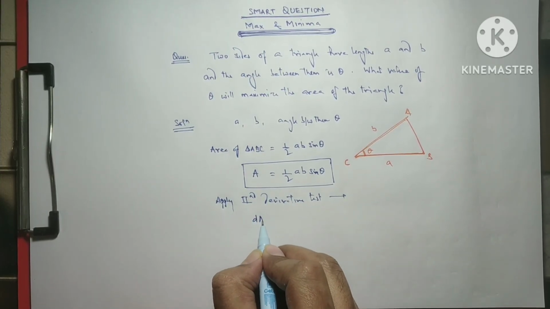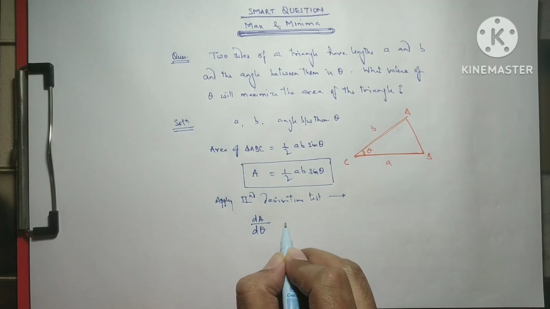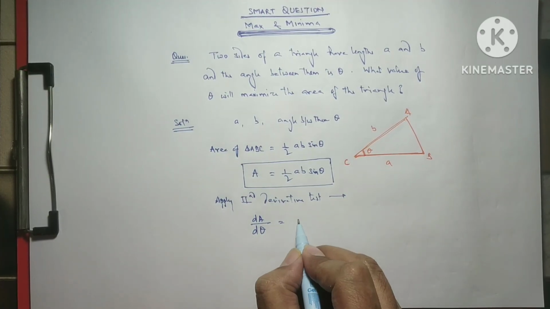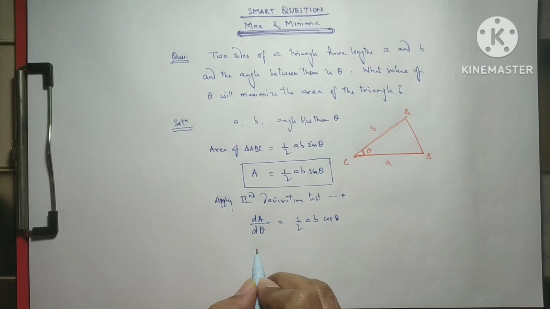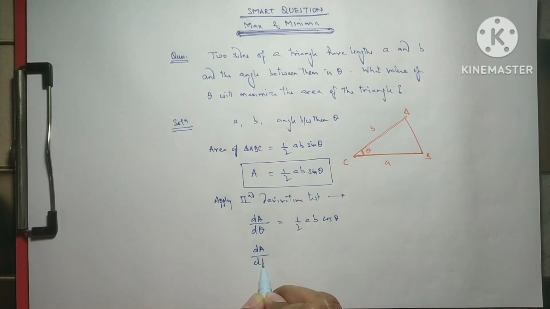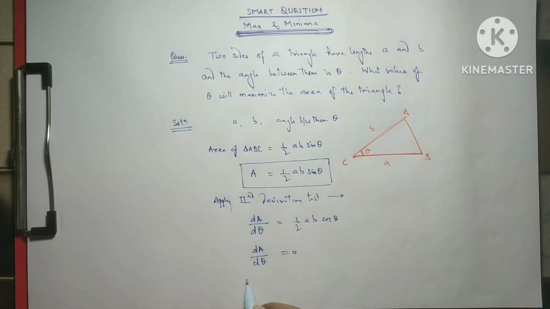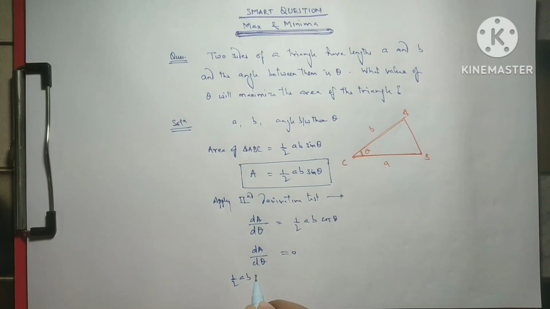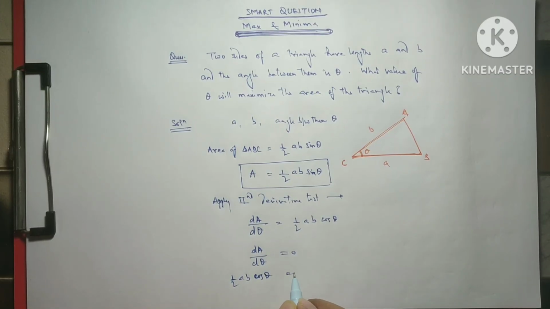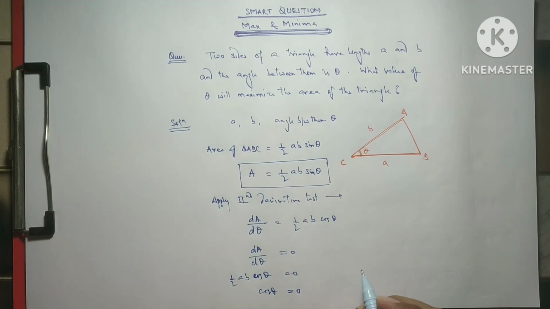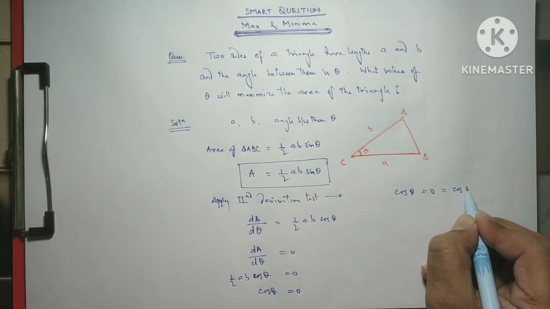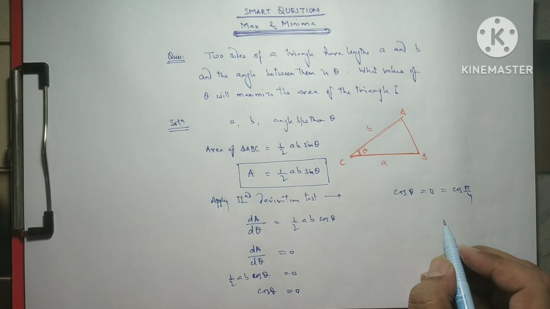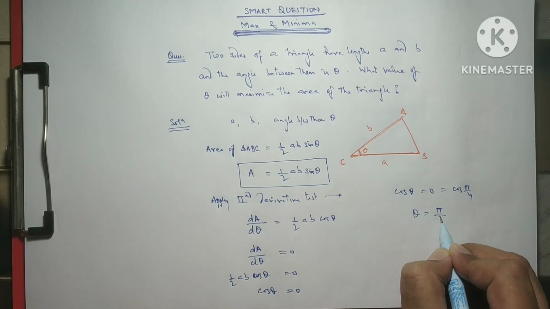So we will get the first derivative with respect to theta, it will be half AB cos theta, and when we set it to 0, so half AB cos theta is 0. It means cos theta is 0, and cos theta equals 0 is cos pi by 2. So theta is pi by 2.